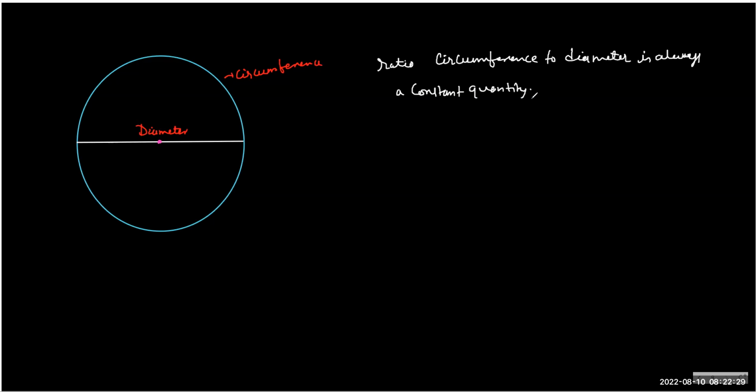This quantity was vaguely known to the oldest mathematicians, maybe from before Pythagoras, maybe Archimedes and before that also. So this ratio was very much known to the world, but not exactly.